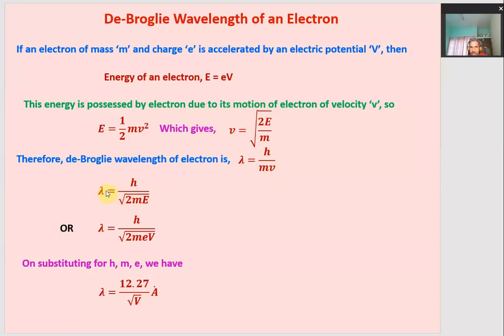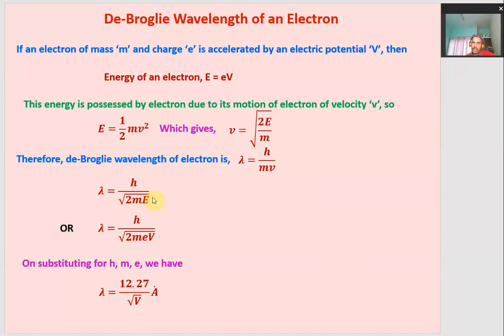It is equal to h upon root of 2mE. On substituting for v and solving, we get this expression for the wavelength. So this remains the formula for the wavelength of a moving electron, the De-Broglie wave associated with an electron.